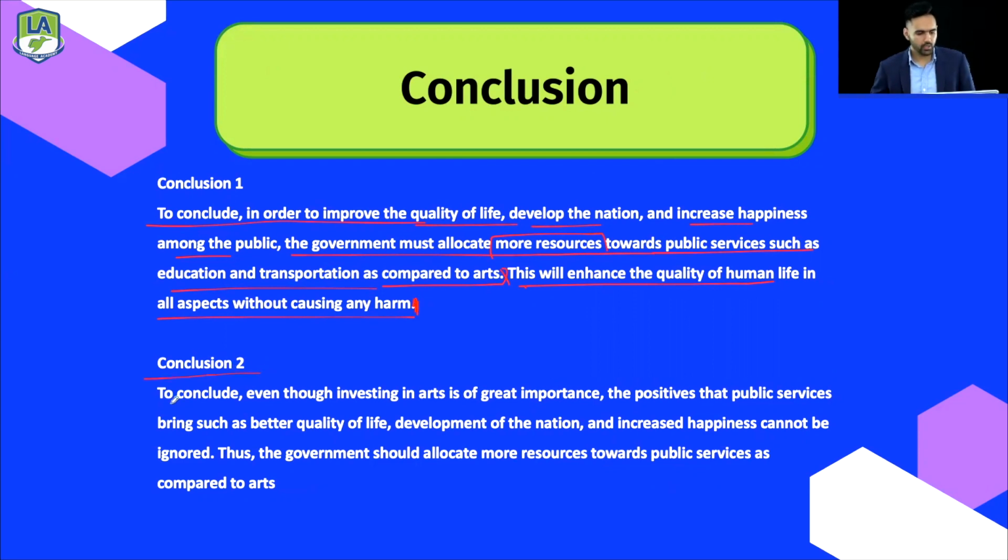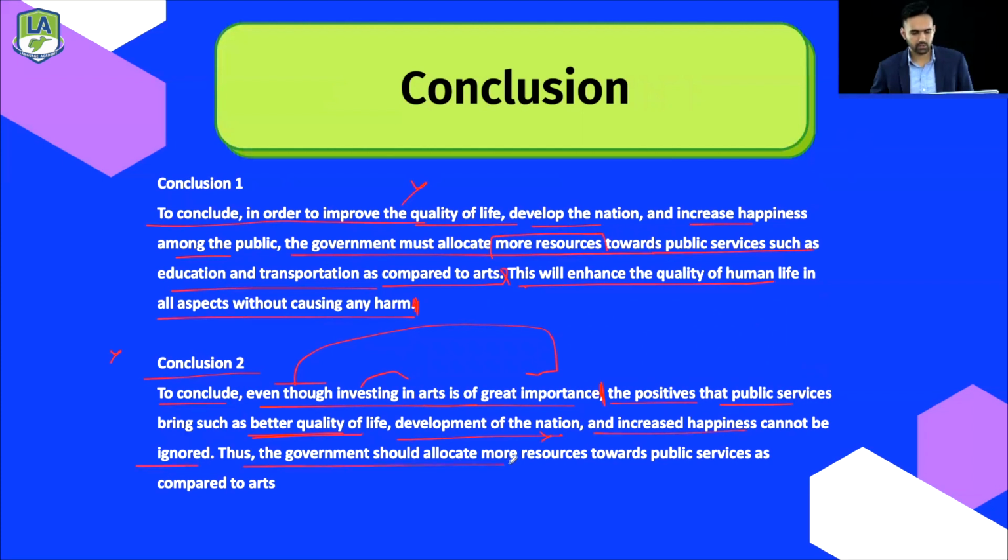Conclusion number 2. To conclude, even though investing in arts is of great importance, I have to make it very clear in the conclusion as well what side I'm on. Even though investment in arts is of great importance, the positives or benefits the public services bring, such as better quality of life, see, quality of life, I told you about this in BP1, development of the nation, BP2, and increased happiness cannot be ignored.